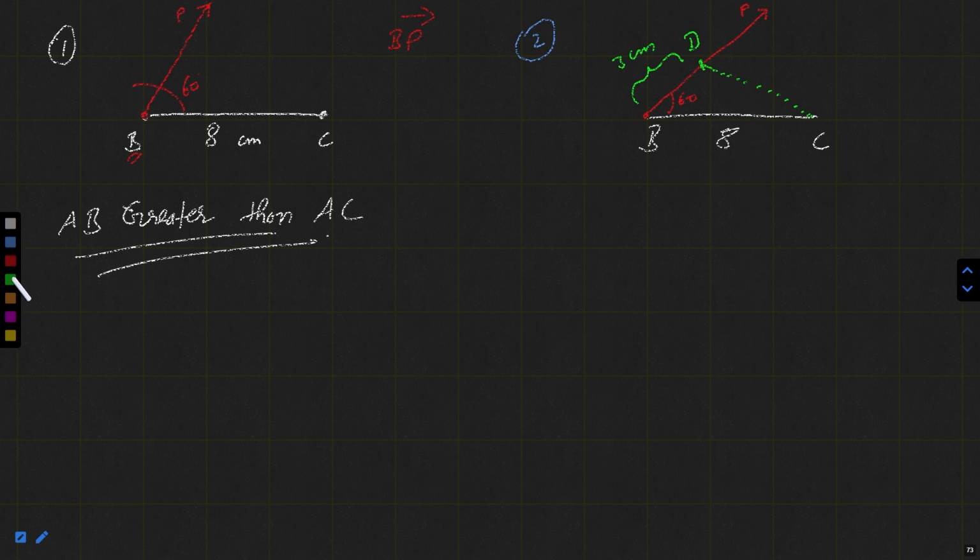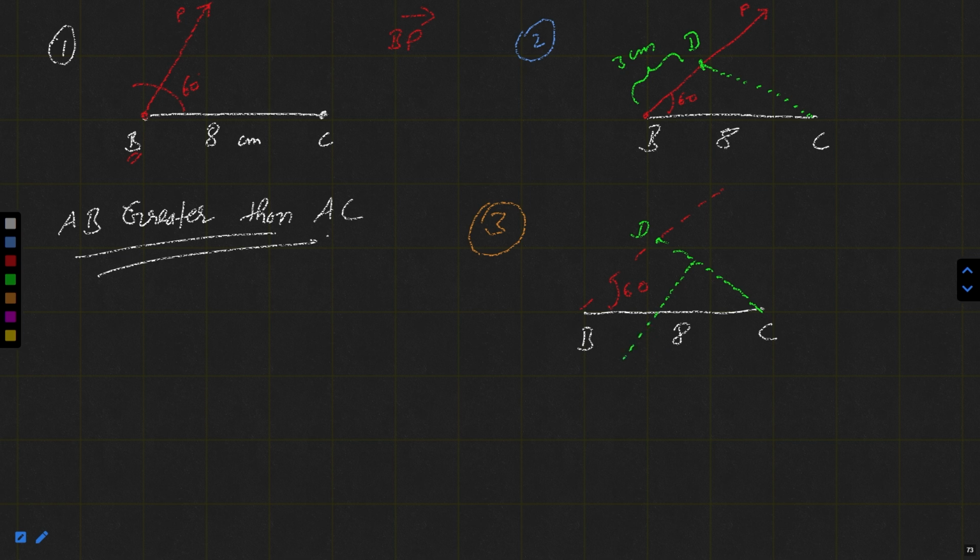Now in the third step, we will be making the perpendicular bisector of DC. So let's construct a perpendicular bisector.